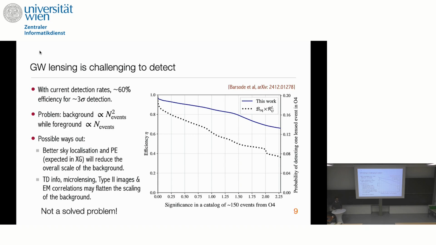Also with better parameter estimates, and perhaps also folding in the time delay information more cleverly, the possibility of type 2 images, microlensing signatures, etc. We had a discussion yesterday, and Srishti convinced me that if you detect microlensed events, that would actually significantly reduce the probability of false alarms, etc. So there are ways of addressing this, but it's not a solved problem.